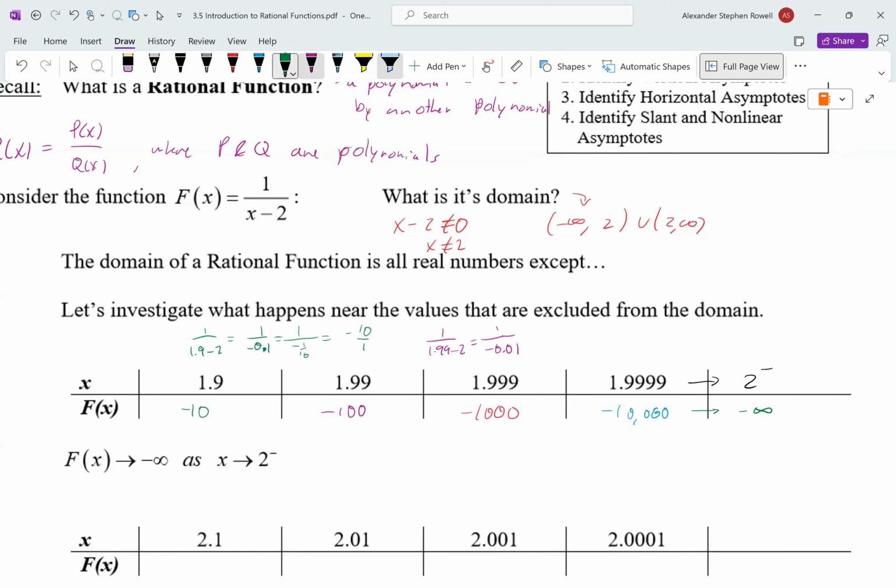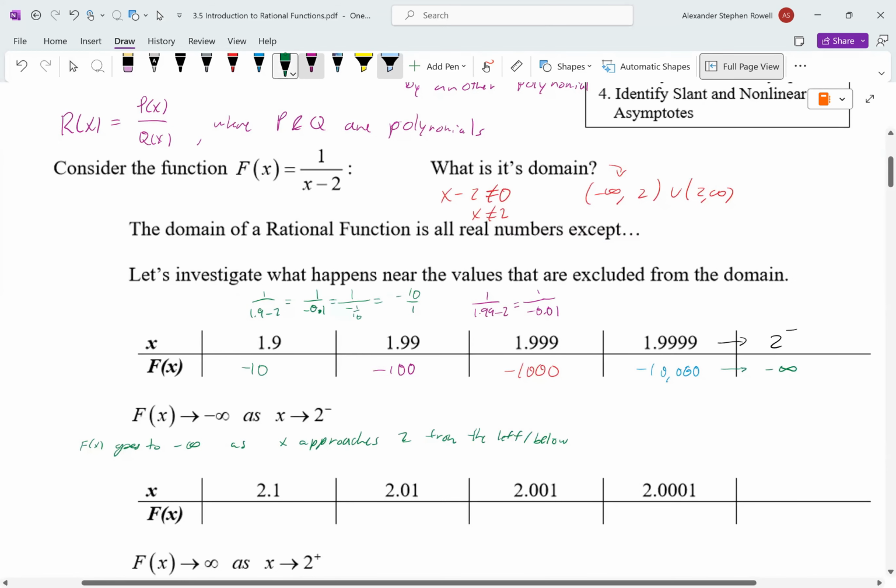Maybe I should write this out. f of x goes to negative infinity as x approaches 2 from the left or below. The value's below 2. But yes, you need to be familiar with this notation.